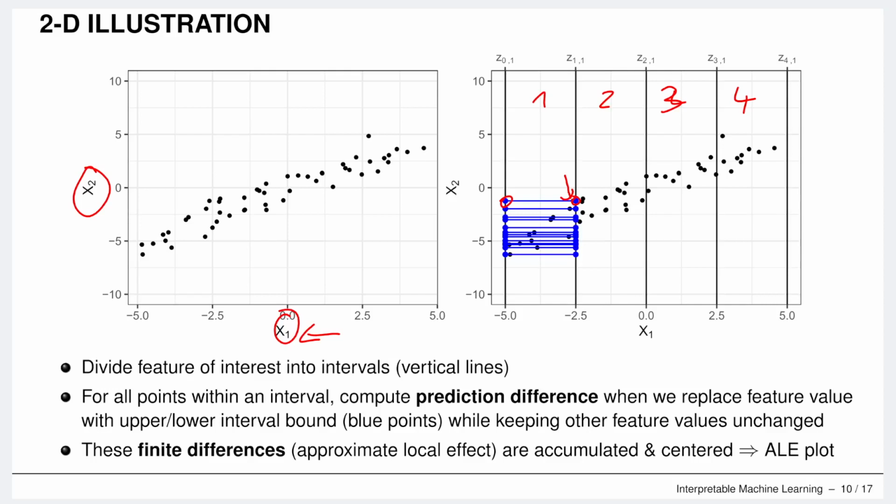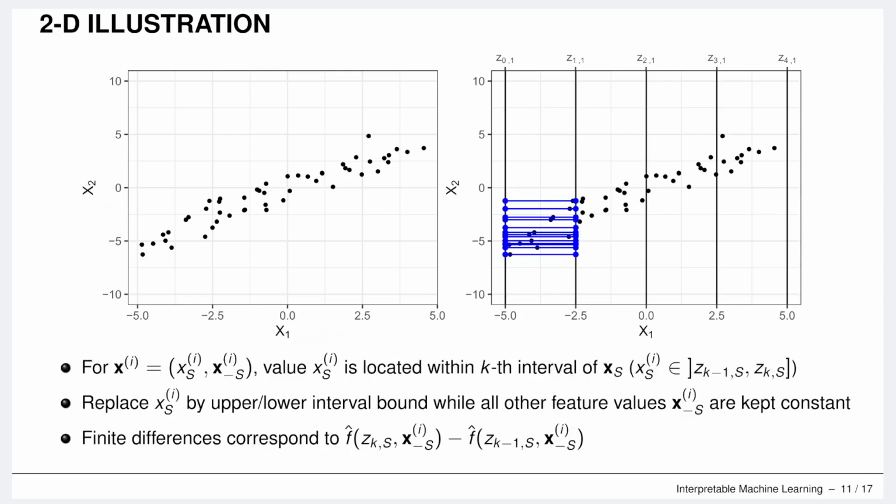So for each interval, we will average these finite differences and then accumulate it up to a certain point. If we have here observation i with this value for the feature of interest, we segment this into its corresponding interval. We are only replacing the feature value for feature of interest.